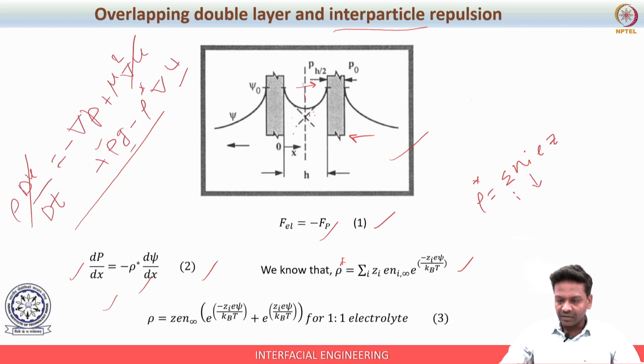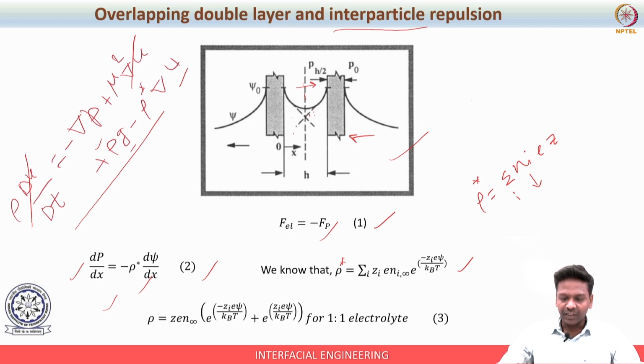We know N_i, which we already defined in the previous lecture: N_i infinity times exponential of minus Z_i e psi by kBT. This is coming from the Boltzmann distribution function. So when you incorporate this into rho star, you get this equation. This is already known to us.